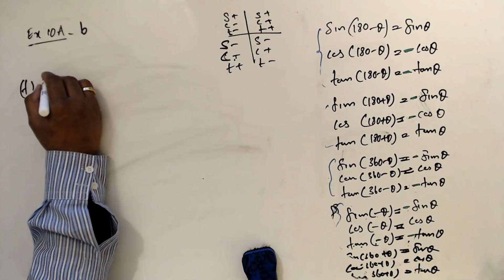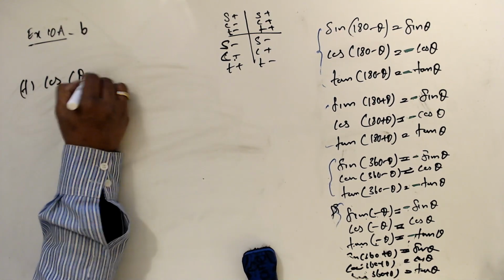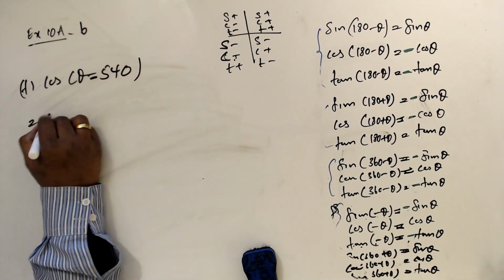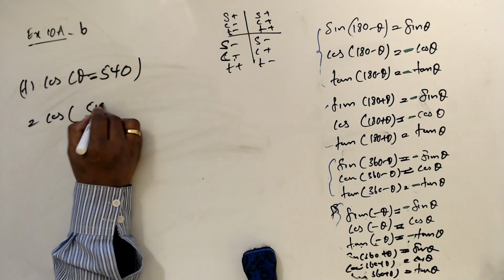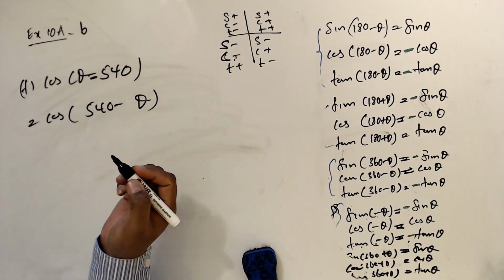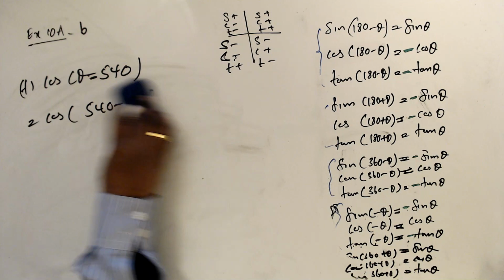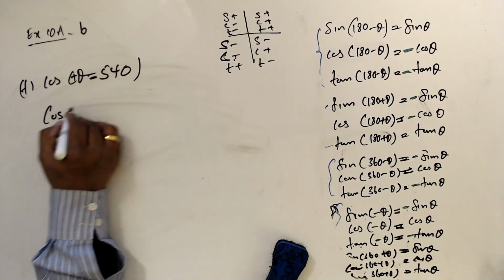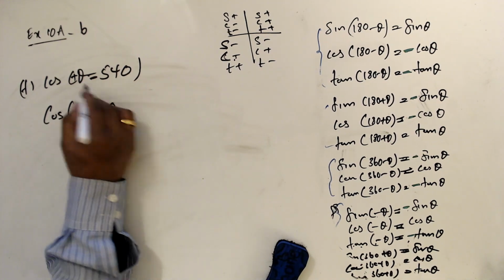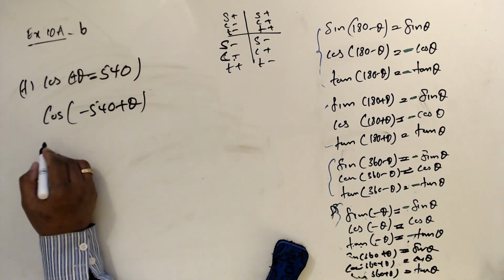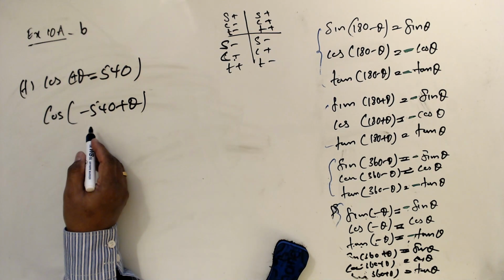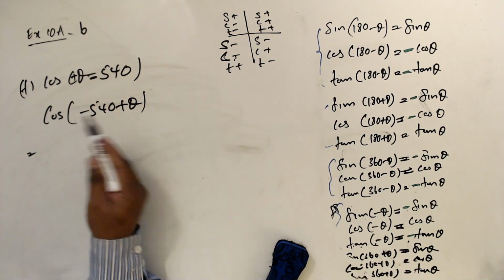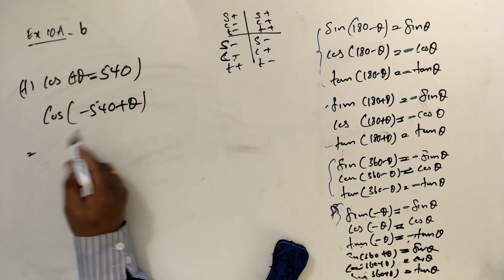F: cos theta minus 540. Then I write this one, cos 540 minus theta. No, wrong. This is plus cos minus 540 plus theta. If I add 360, still not enough, it will give negative.